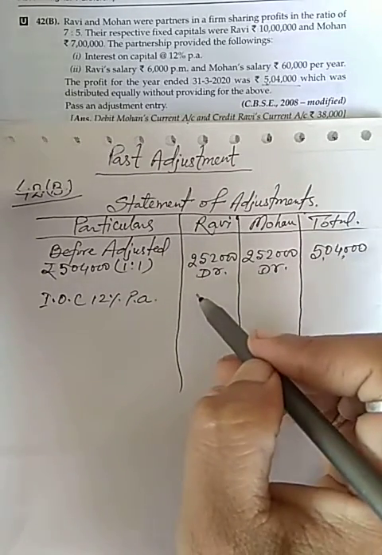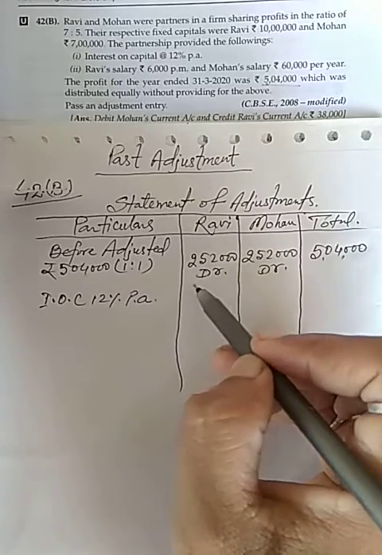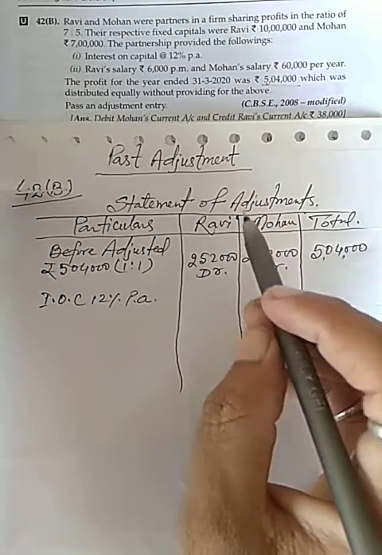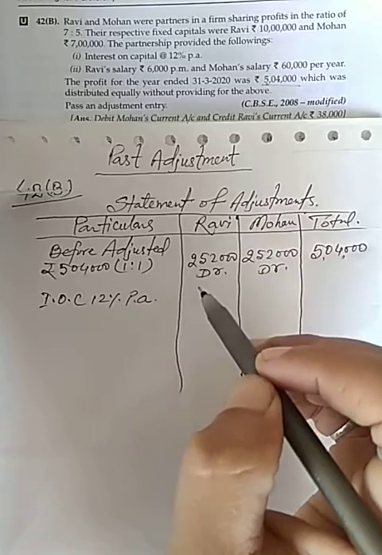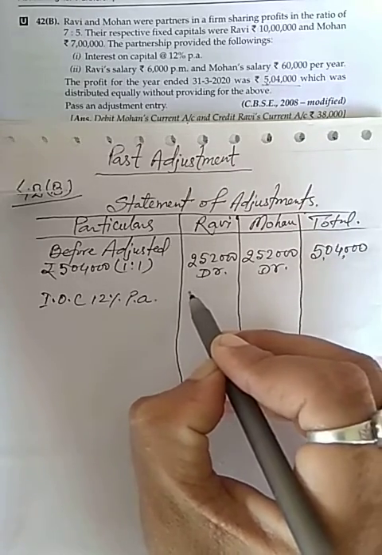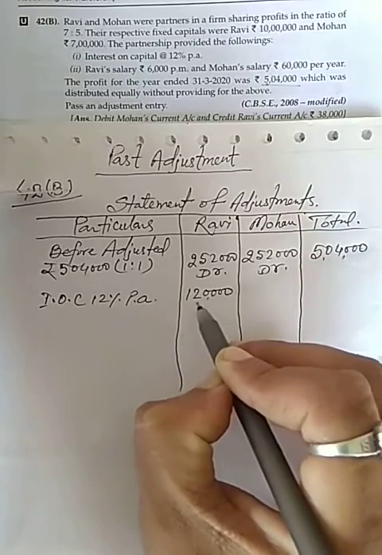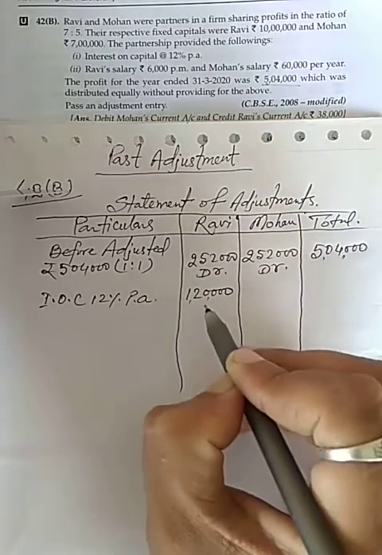Interest on 10 lakh at 12% will be 1,20,000, and we have to adjust interest on capital in partner capital account.